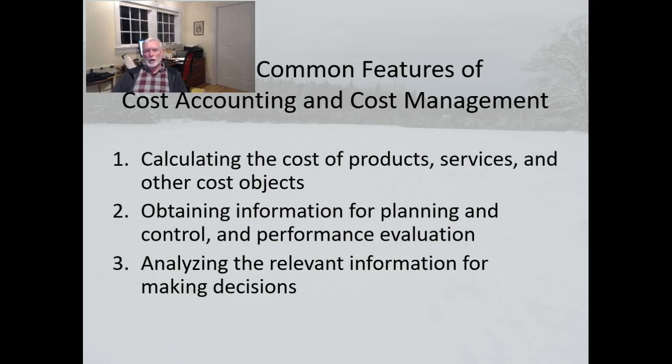So what is cost accounting, cost management all about? Well, first of all, we're trying to figure out what products, services, and cost objects cost. And these can be things we're selling. We can also use cost accounting to streamline our processes by figuring out what a particular process costs. The second thing they're used for is, once we have this information, we may use this information for planning and control and evaluating the performance of various aspects of our operations, and then making decisions.